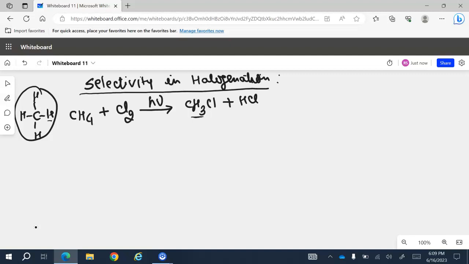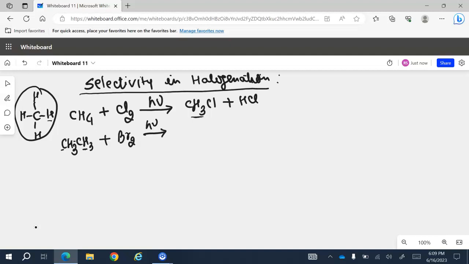We can extend this discussion to other molecules, for example CH3CH3, ethane. You do either bromination or chlorination, for example bromination in presence of sunlight. Again, the three hydrogens attached to this carbon and three hydrogens attached to this carbon, all six hydrogens, are equivalent.